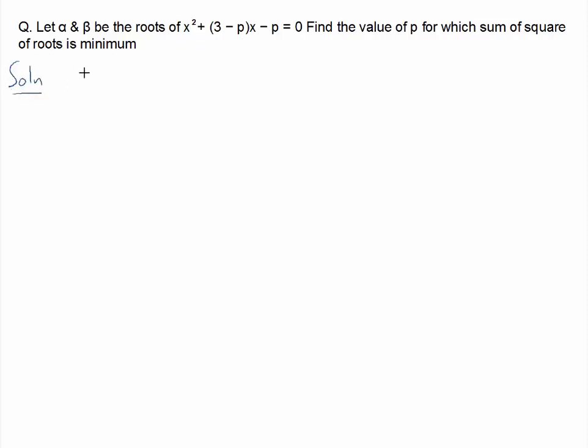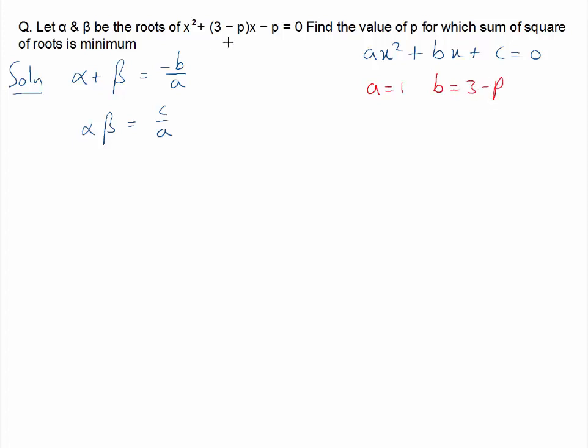So we know that sum of roots alpha plus beta equals minus b by a and product of roots equals c by a, where a, b, c are the coefficients of x square, x and the constant term. So in this case, a equals 1, b equals 3 minus p, the coefficient of x, and c equals minus p, the constant term.